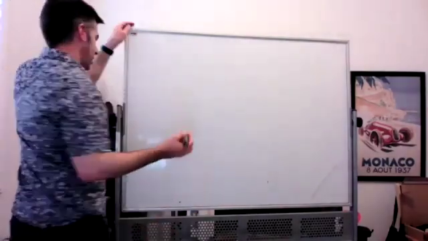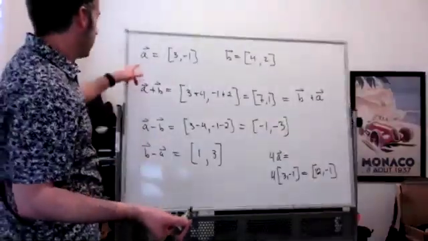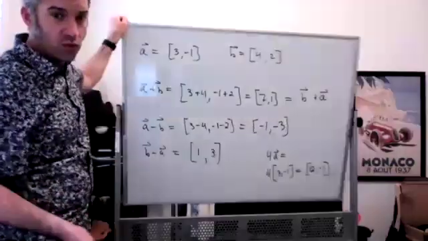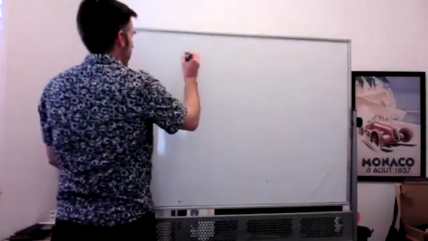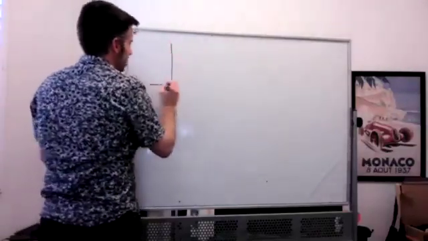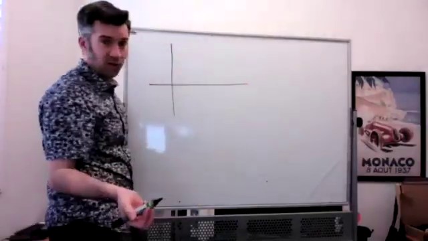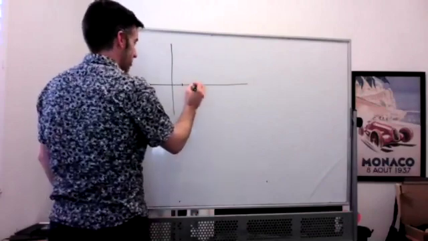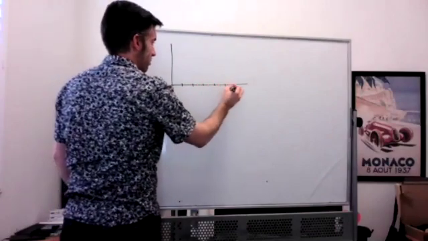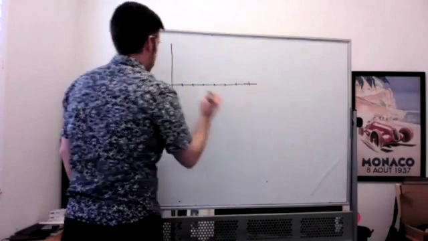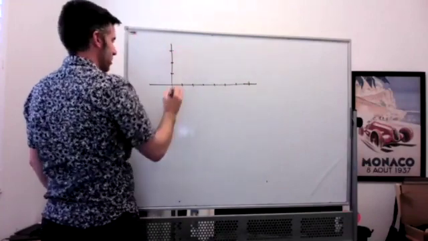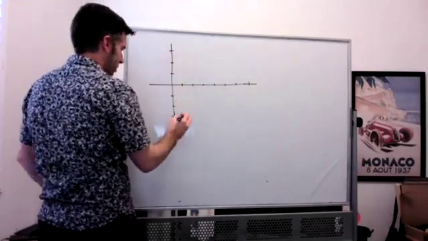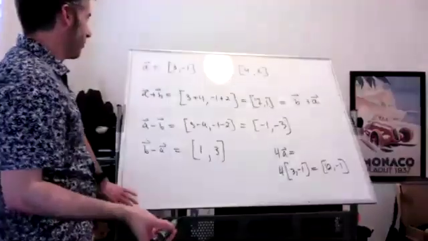So let's draw A and B. So A is 3, -1 and B is 4, 2. So all I'm doing when I draw vectors, unless there's a reason to do something else, is I'm going to start them at the origin. So A, I said, was 3, -1.